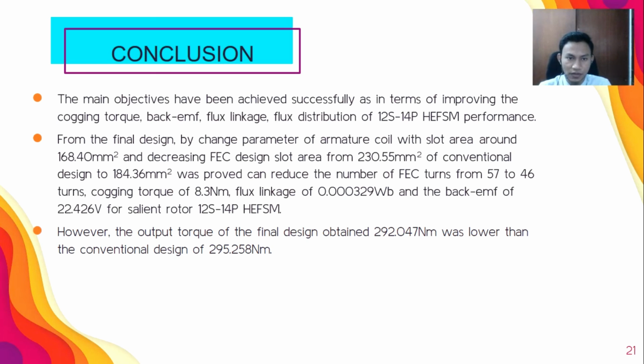It also reduces the cogging torque by 83 torque, reduces the flux leakage by 0.00329 Weber, and also reduces the back EMF by 22.426 volt for the salient rotor of the 12 slot 15 poles HFSM.